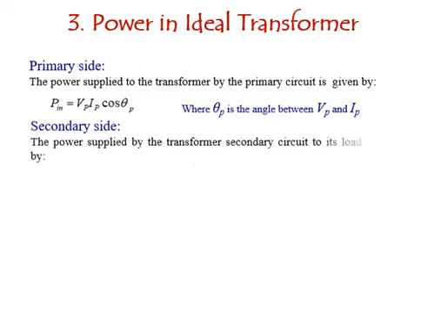Similarly, the power for an ideal transformer can be calculated for the secondary side, like P out is equal to Vs Is cos theta s, where s represents the secondary side.